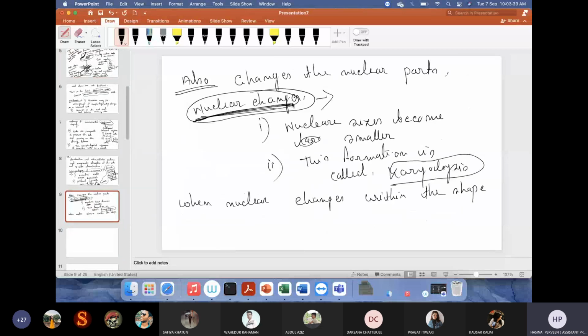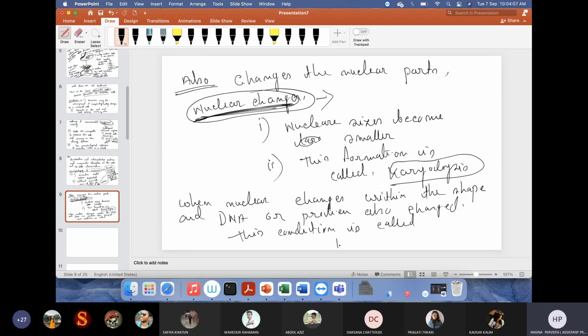When the nucleus changes within the shape and DNA or protein is also changed, this condition is called karyolysis.